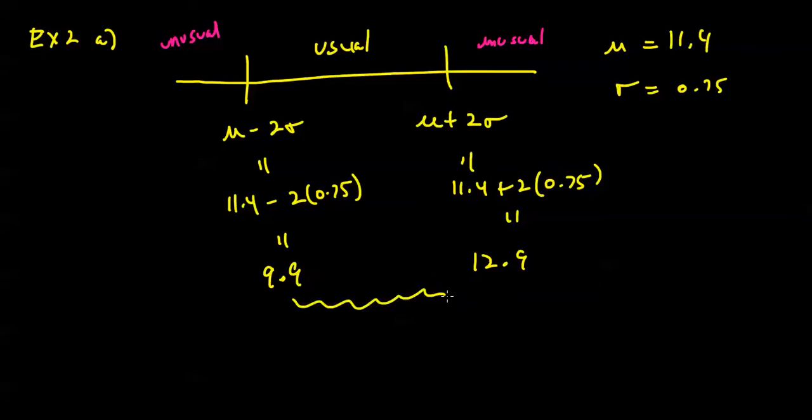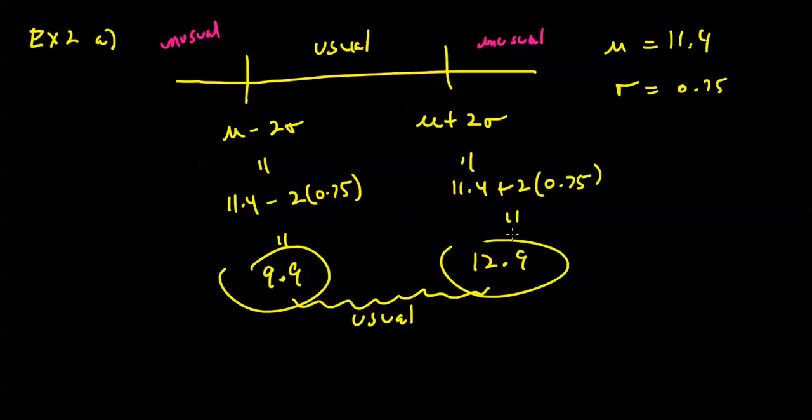So anything within these boundaries for people who recognize McDonald's out of 12 is going to be considered usual, and anything beyond that will, of course, be unusual. Alright, so these are the minimum and maximum, respectively, usual values for number of people in 12 that recognize the McDonald's brand name.